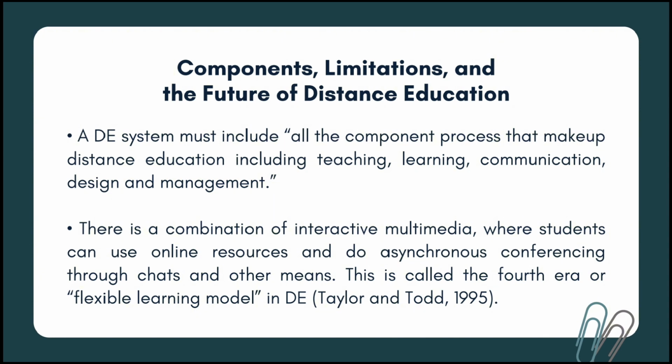Third is course delivery mechanism, the way in which educational content is conveyed from instructor to student. Four is interaction between student and instructors, the process of teaching and engaging the student with content and with instructors.